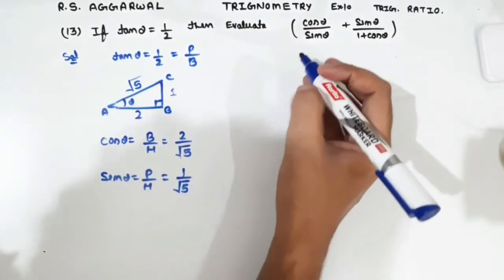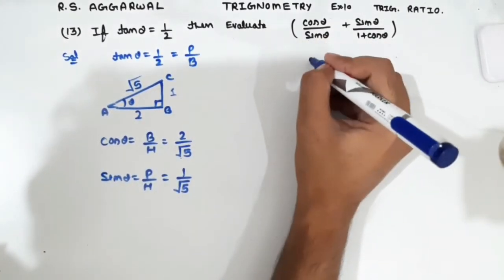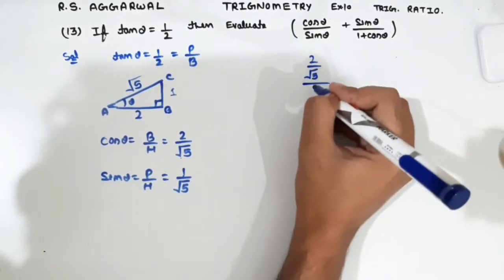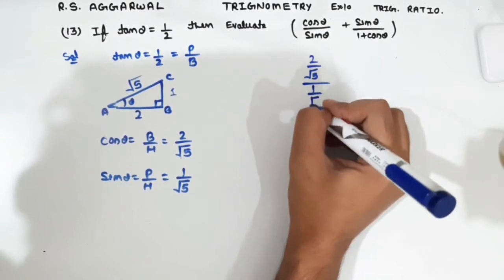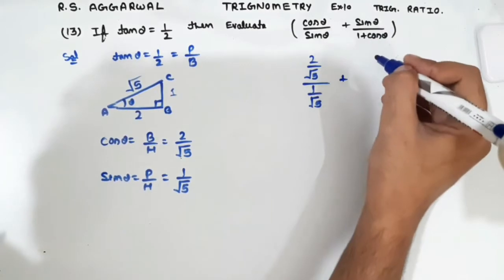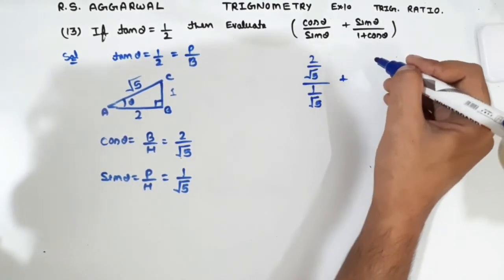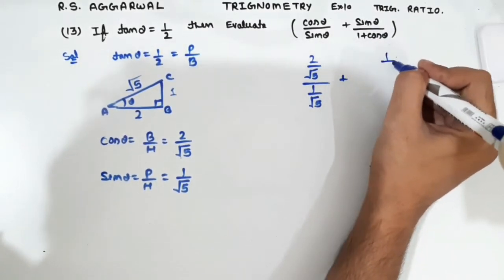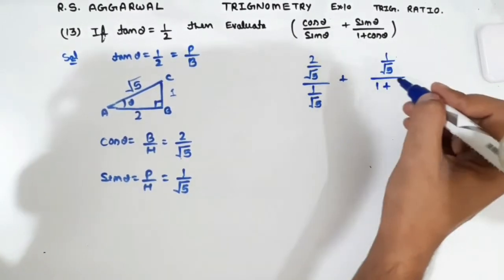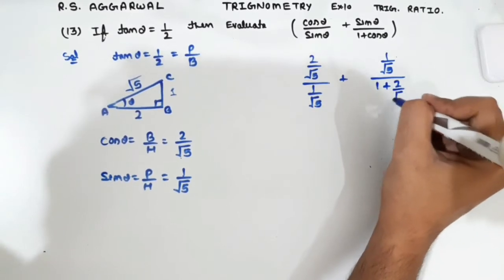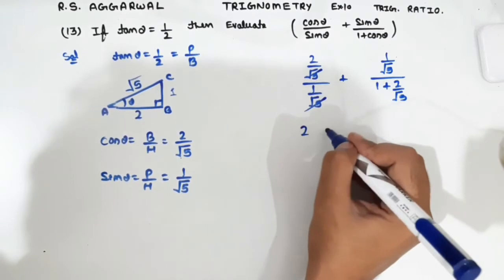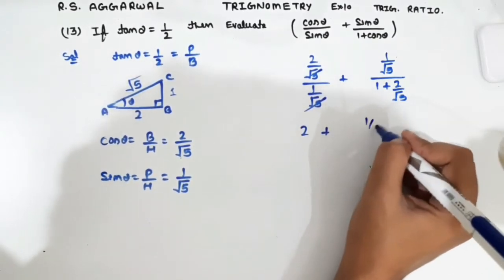Now putting value here, cos theta is 2 upon root 5 upon sin theta is 1 upon root 5, plus sin theta is 1 upon root 5 upon 1 plus cos theta is 2 upon root 5. So here root 5 will be cancelled out, that will be equal to 2 plus 1 upon root 5.